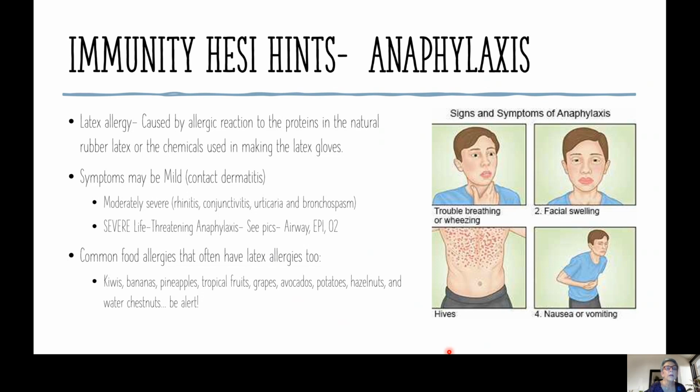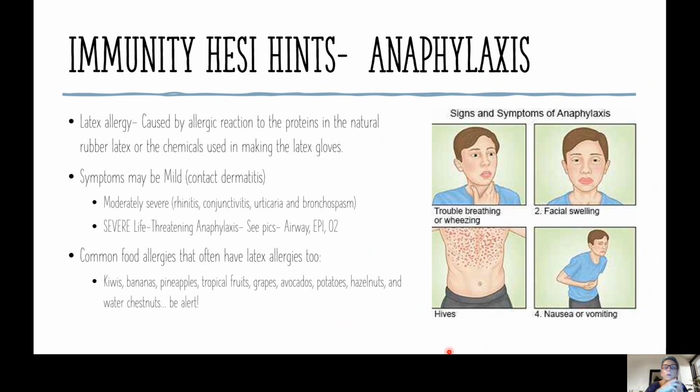So you may, like I said, have just contact dermatitis from the gloves versus a true anaphylaxis. But kiwis, bananas, pineapples, tropical fruits in general, grapes, avocados, potatoes, hazelnuts, and water chestnuts. So if you happen to be allergic to any of those particular things, or you have patients who are allergic to those, be aware that they may also have cross-sensitivity to latex.